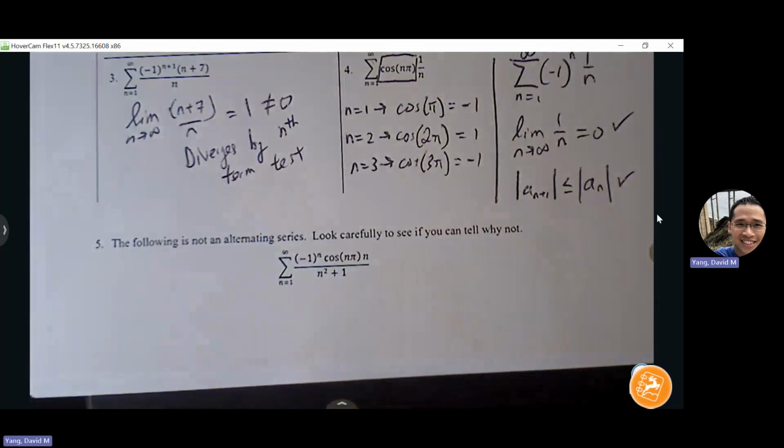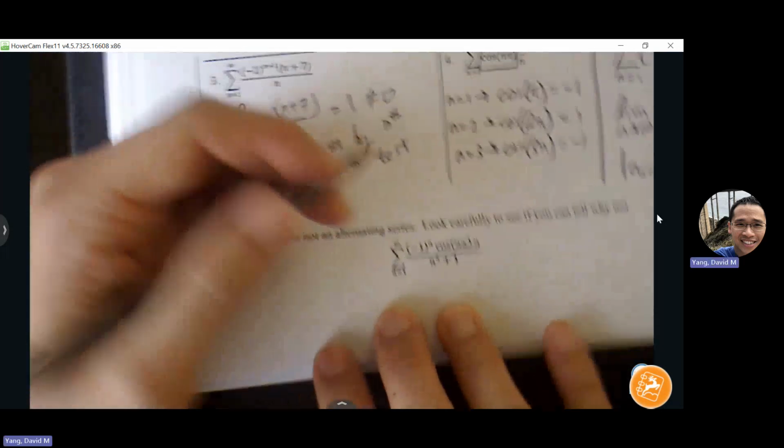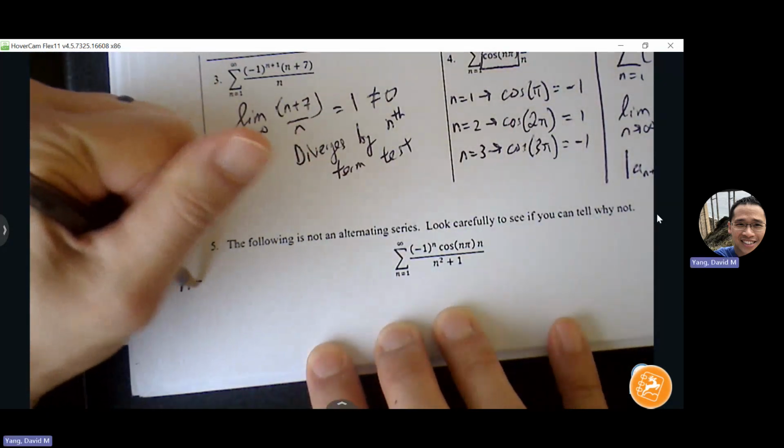All right, number 5, it says the following is not an alternating series. Look carefully to see if you can tell why or why not. So let's say n is equal to 1.